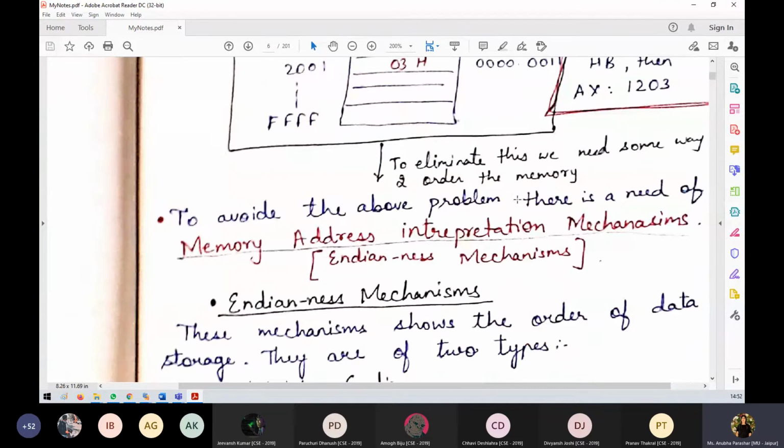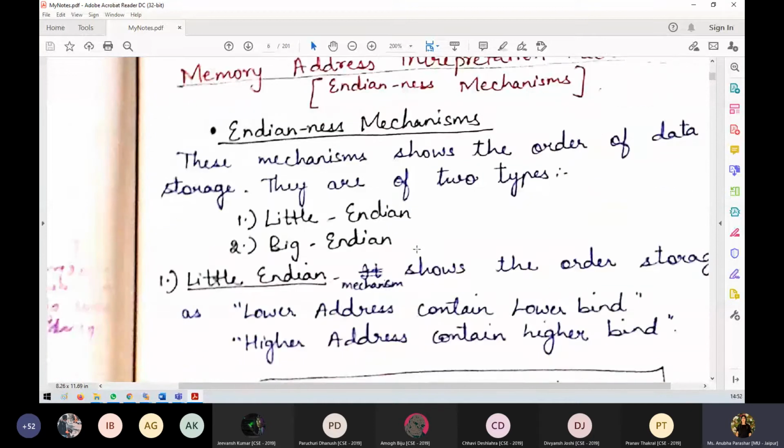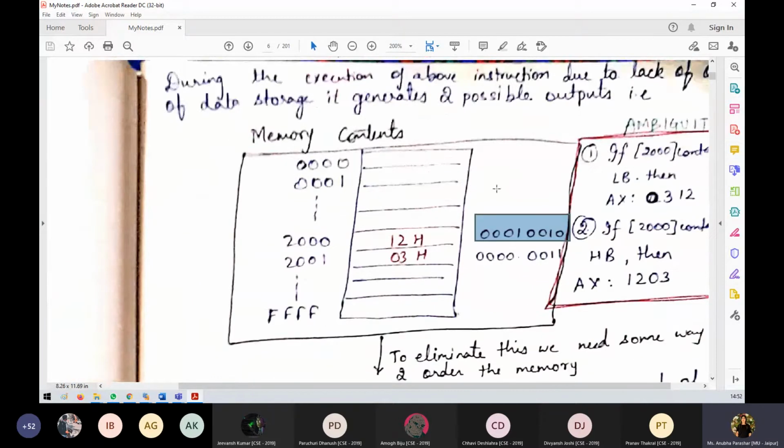So that is a concept known as endianness. The endianness mechanism has two types: one is little endian, one is big endian. What do you do with little endian? You take the lower address and it contains the lower byte. Which is the lower address? This is your lower address, because the address is starting from here.